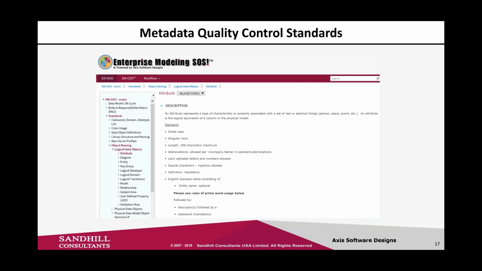Now, in this case, if you look at the very top under standard on the right, it says initial case. Well, in your environment, you may have for an attribute that they're all caps. So we can go in here and we can change this to all caps. The idea being, again, that we're saying this is everything that you need to have documented. And then if what is here isn't to your liking, isn't the way you're doing it there, then it's easy to make that change.